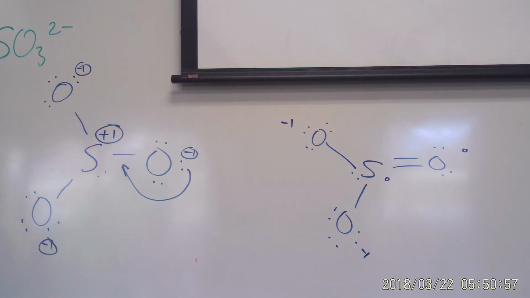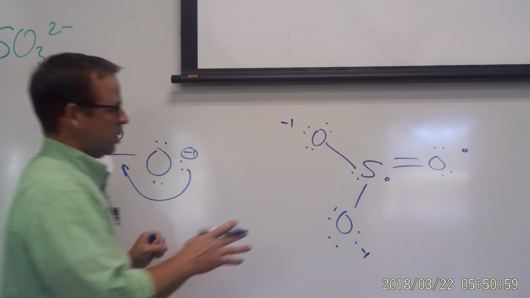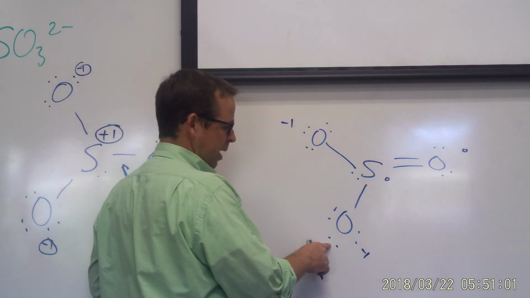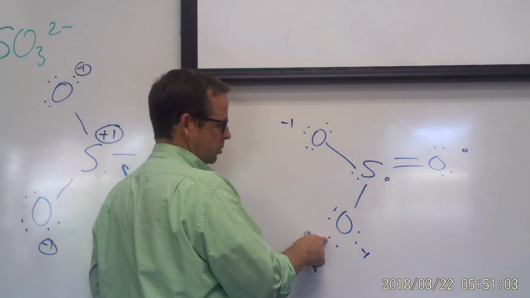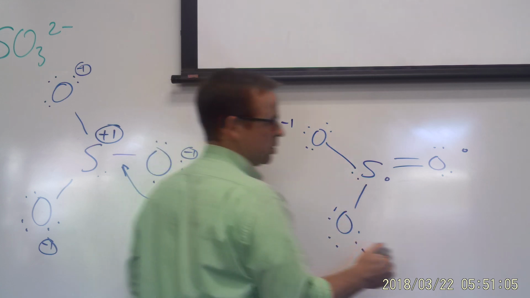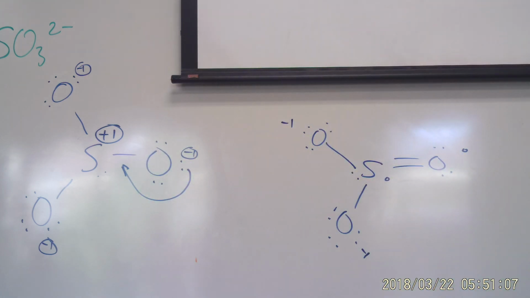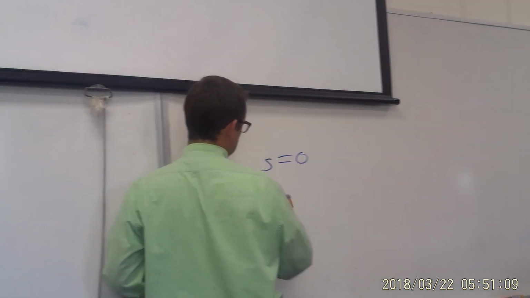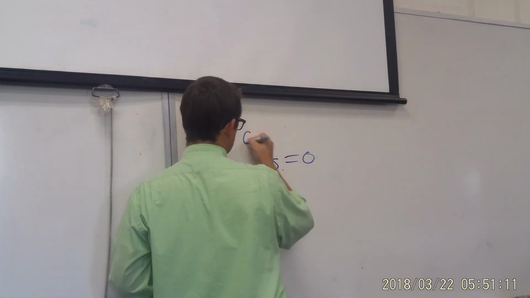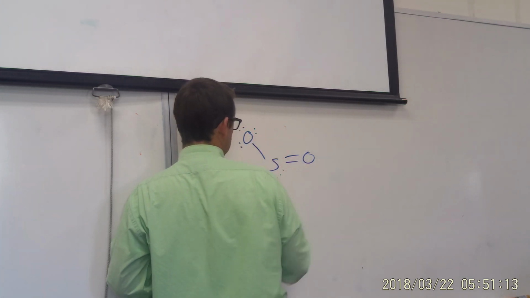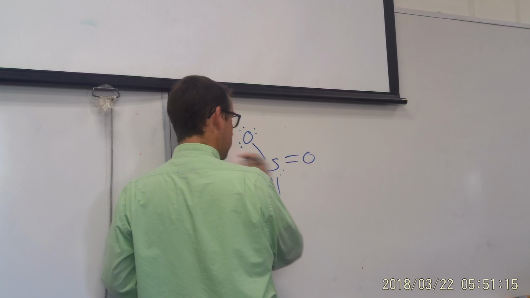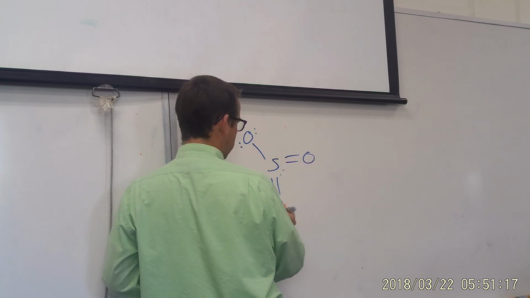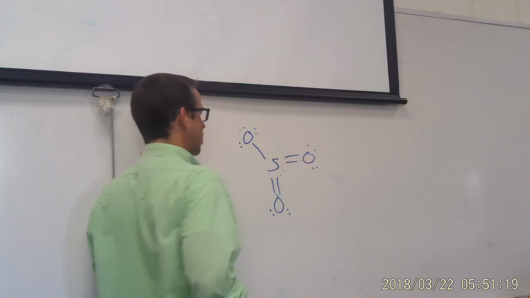All right? I might think, okay, let's see what happens if I bring my electrons in here. Some electrons from one of these oxygens into a bond. That would result in something like that. Now these oxygens both have no formal charge on them.